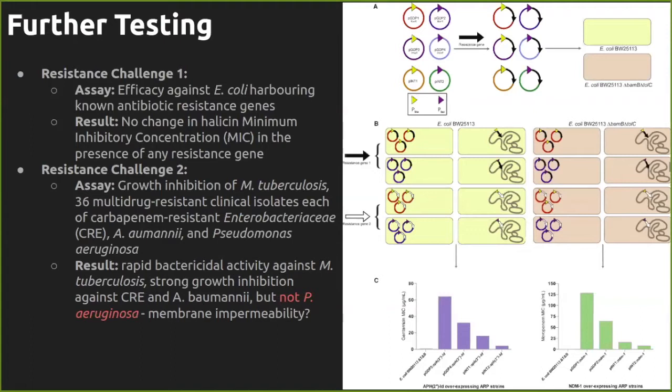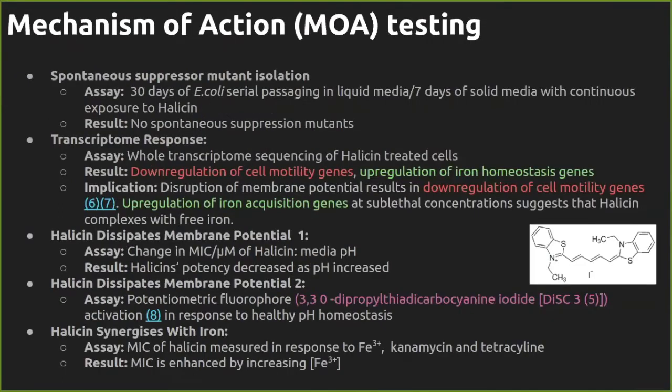So, for example, we have suspects such as tuberculosis and several drug-resistant bacteria from other species like Pseudomonas aeruginosa. And they found that only the Pseudomonas aeruginosa showed some sort of resistance towards this, which they speculated could be due to a lack of membrane permeability of their drug, something which we'll get onto later.